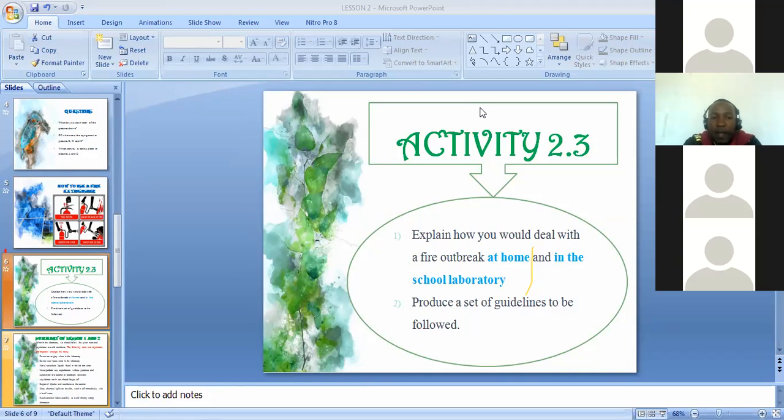Then lastly, I swipe side by side to ensure that the flames are put off. I want you to write that sequence of procedures you're going to follow when you want to put off a certain fire.